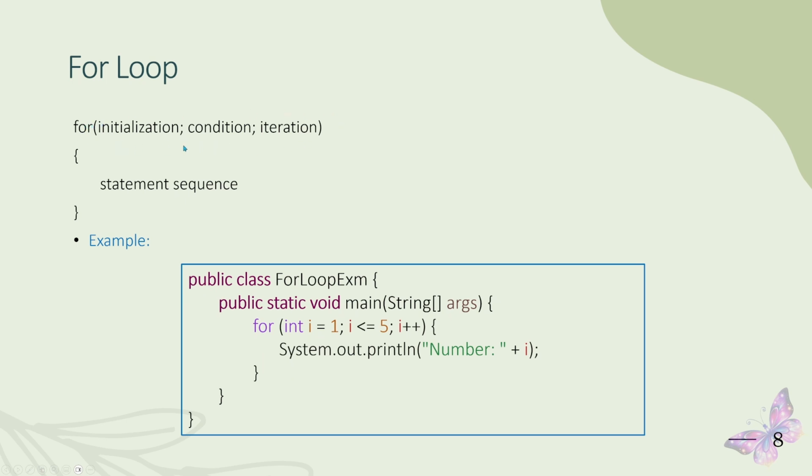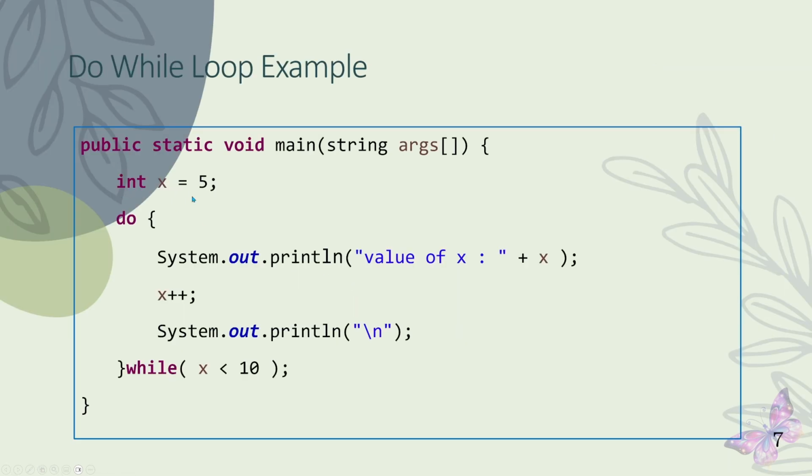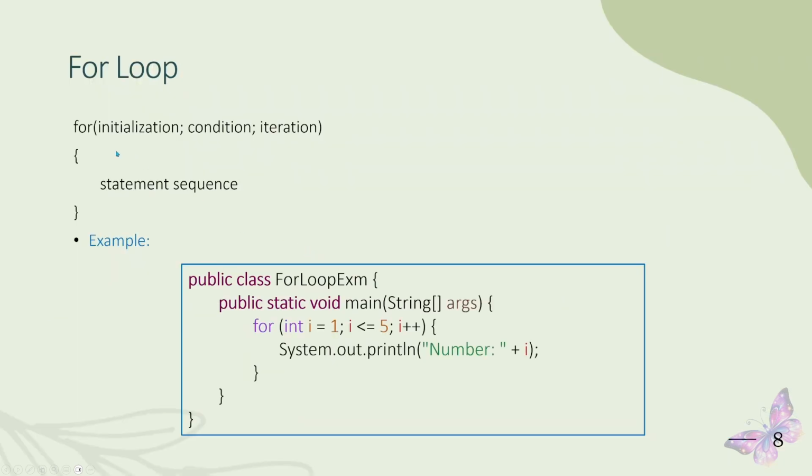The initialization is usually an assignment statement, for example, integer i equals 1. We actually saw this variable declaration in the do while loop, but you can put this initialization inside the for loop.